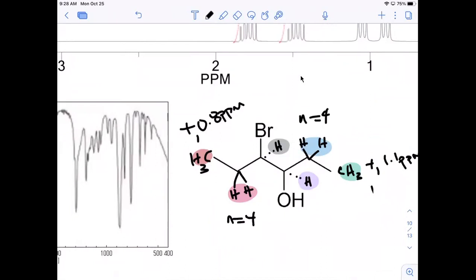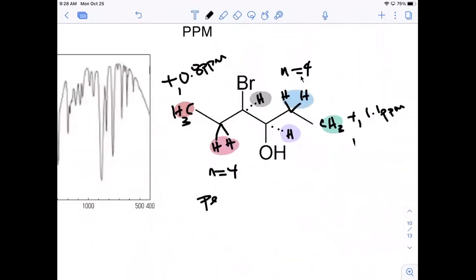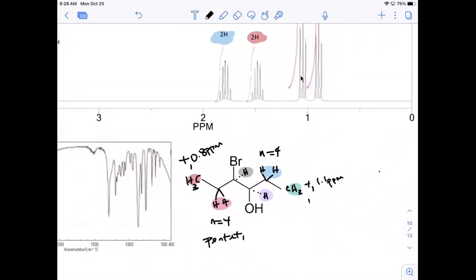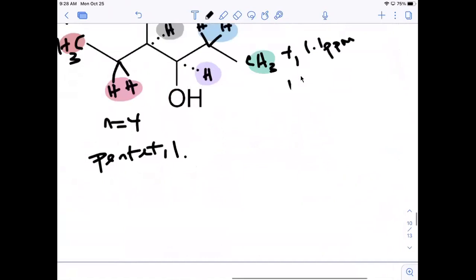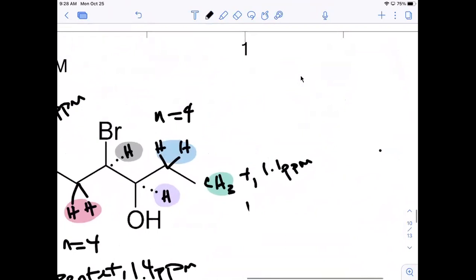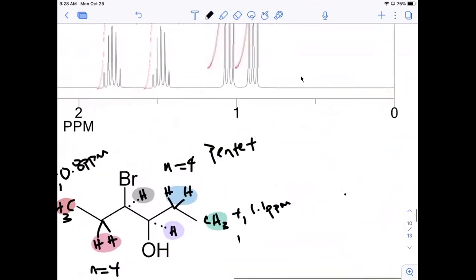So that one is going to be a pentet, and that is at about 1.4. And then the other is going to also be a pentet, and that's going to be at about, I said 1.6.